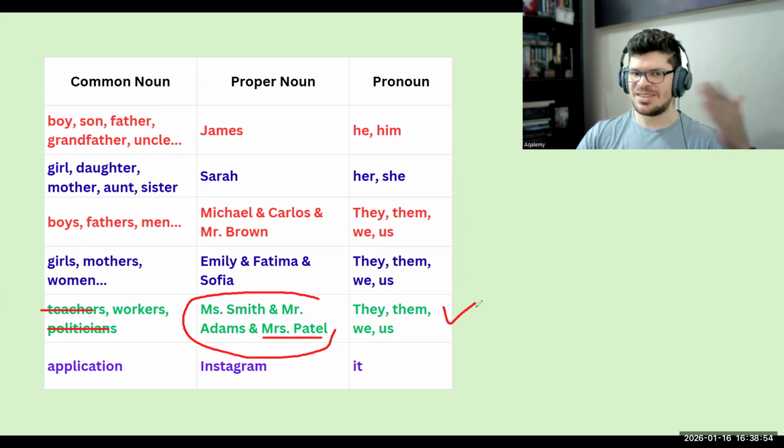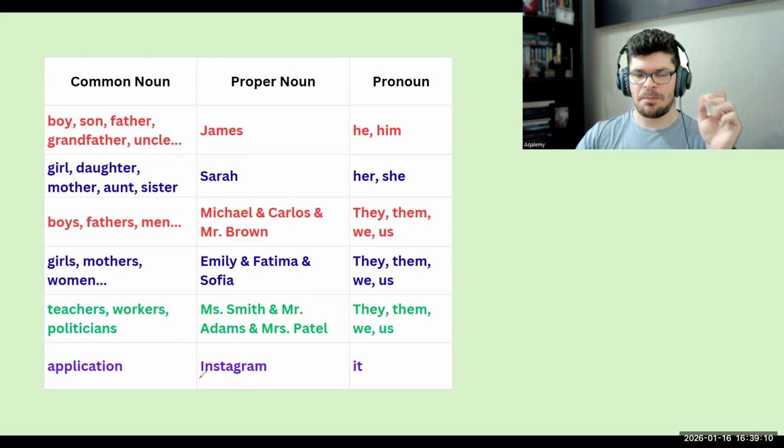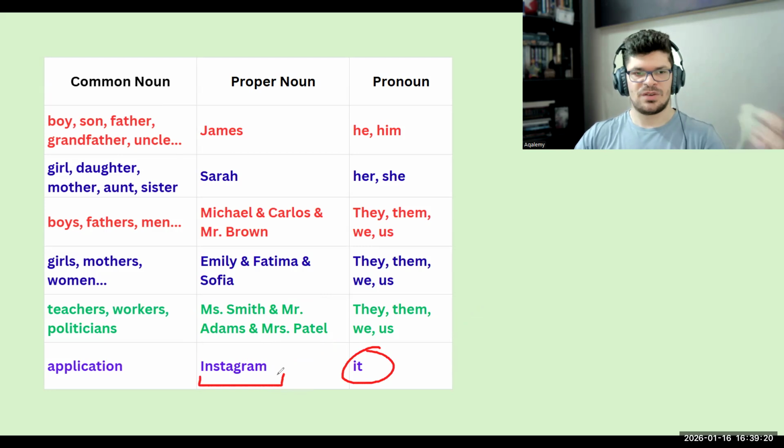Again, we use they, them, we, us to talk about group. In some situation, maybe you want to talk about application, anything, maybe social media. My proper noun is Instagram. If I don't know name of application, I will say it. I hope you understand.